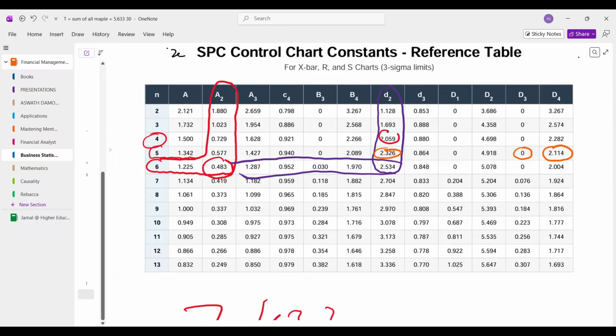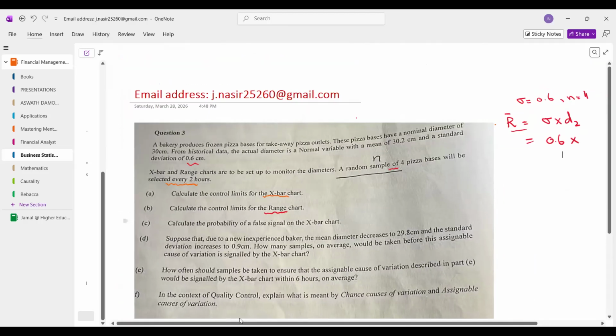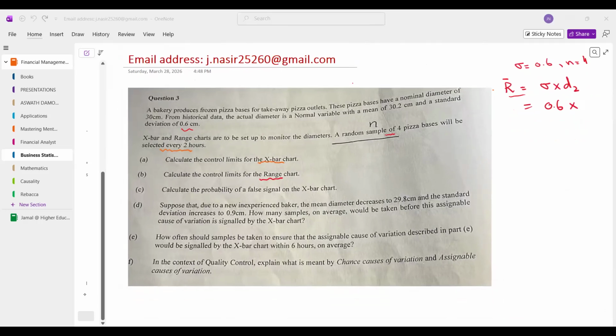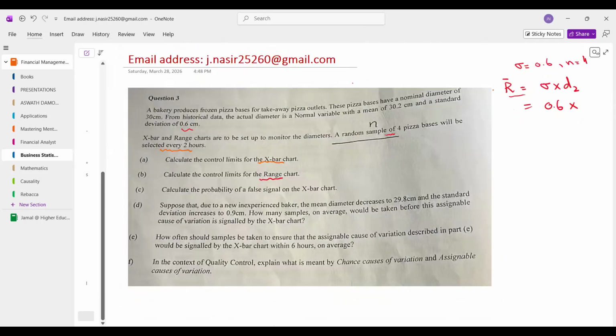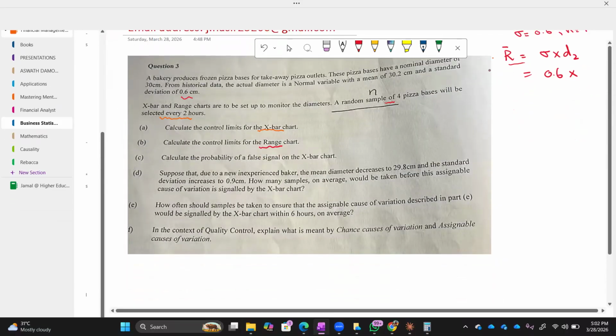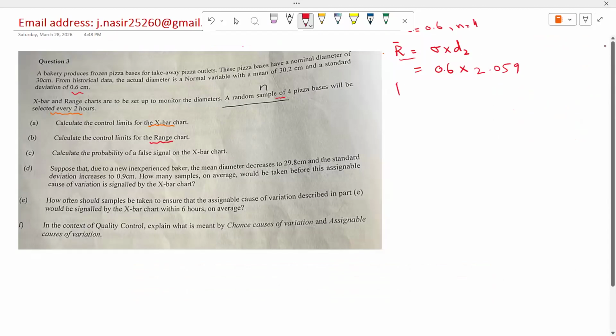My small d2 would be 2.059, against the sample size of 4. This n stands for the sample size, right? The value again is 2.059. So here you get the value for the R bar.